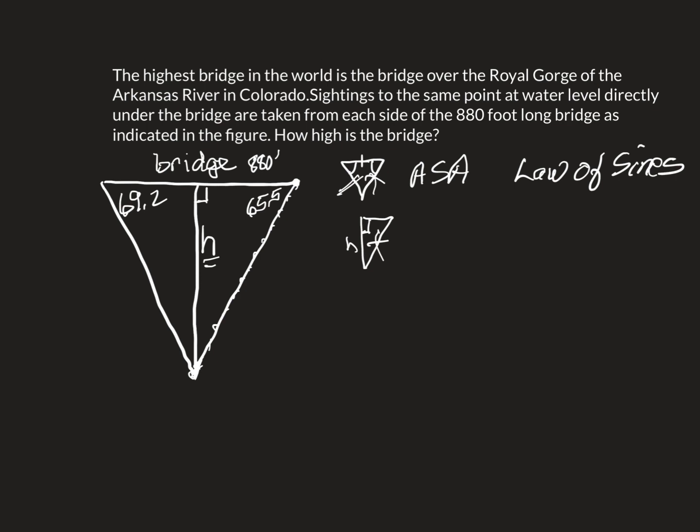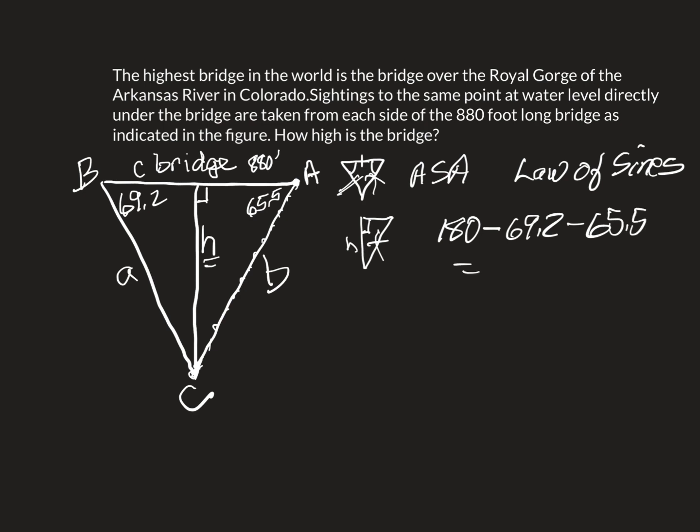So let's go ahead and do law of sines. I'm going to label some things. I'm going to call this angle A. This is side A. This is angle B. This is side B. This is angle C. And this is side C. So the thing I know is the C's. So the first thing is I can take 180 degrees minus 69.2 minus 65.5.